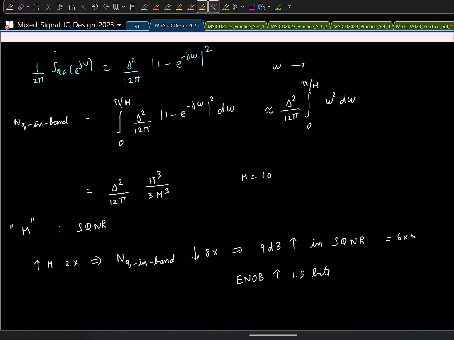You don't have to do anything, you just have to oversample. If you keep increasing the oversampling ratio by 2 times, you simply sit and gain 1.5 bits of extra precision. The price you pay is that you have to sample at higher and higher speed. So this will work for small signal bandwidths.